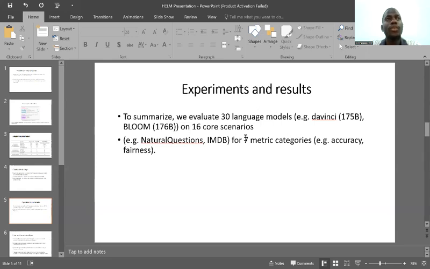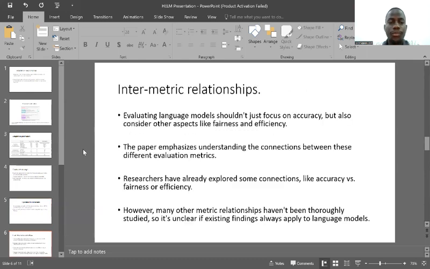These 30 models were evaluated on 16 core scenarios, for 7 metric categories. So we shall go through and find out which core scenarios those are, and which metrics were used to evaluate these models.